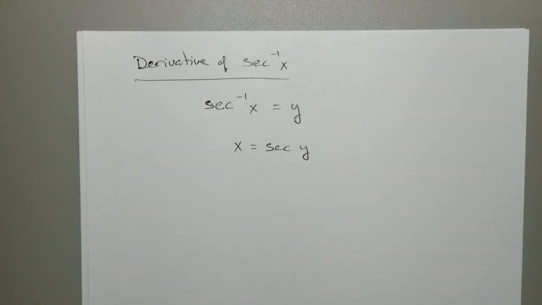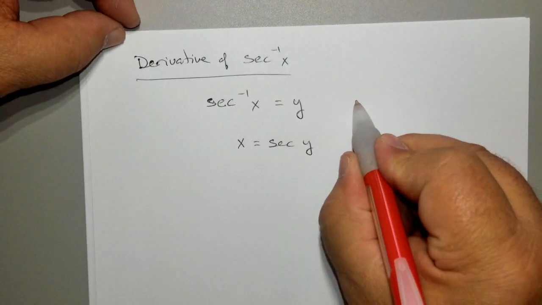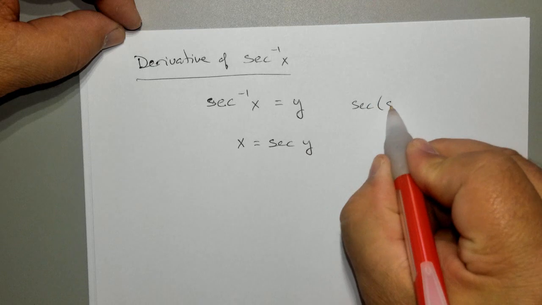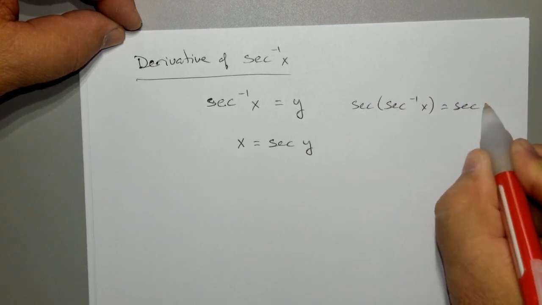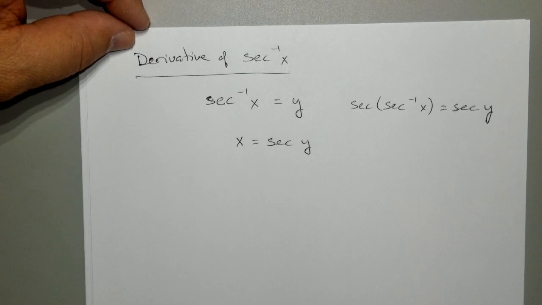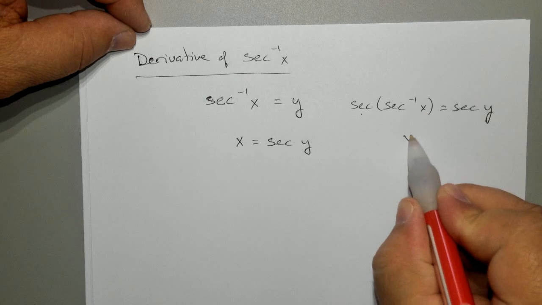If you don't believe me, this is what you did. If you took both of these arguments and took the secant of them, the secant of the inverse secant function is x.